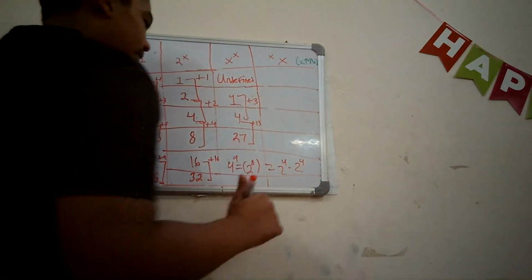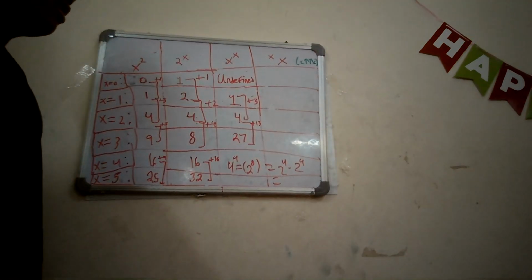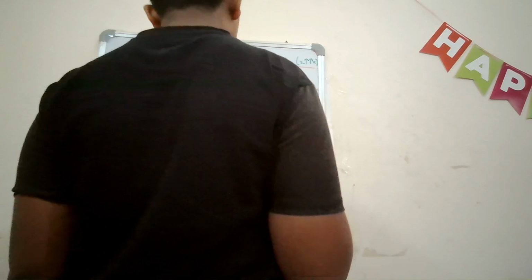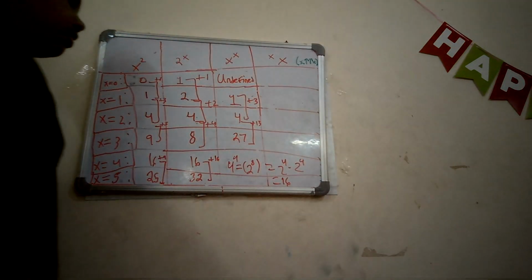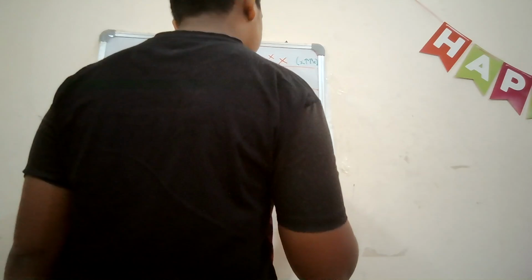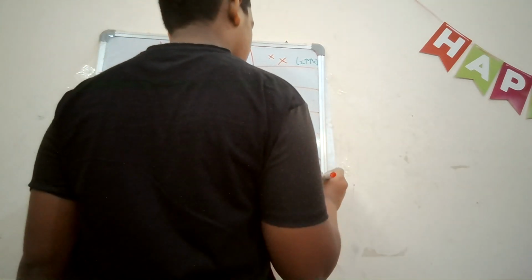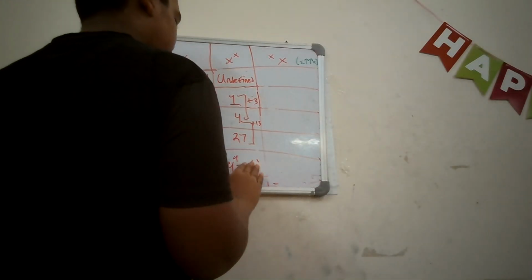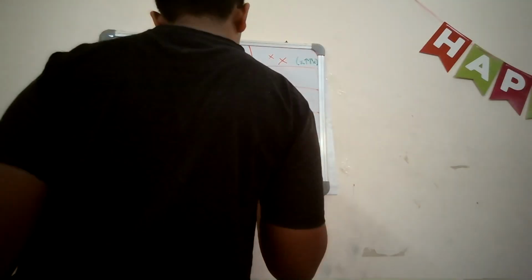We can break it down, and this will just be 16 times 16. Now this is the square of 16. This will just be 256. So for 4 to the power 4, this will just be 256.